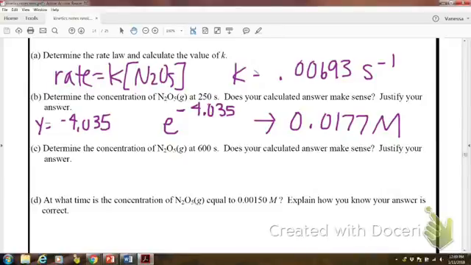So go to window. Your X max here is 440, so I would change it to 640. And then, because we're changing that, you might want to change your Y min as well.